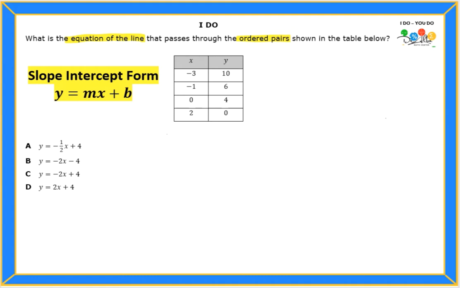In order for me to find the m, remember we said m is slope. Of course, I'm not going to do rise over run because I don't have a graph. So I can use a formula, or I can also do change of the y over change of the x.